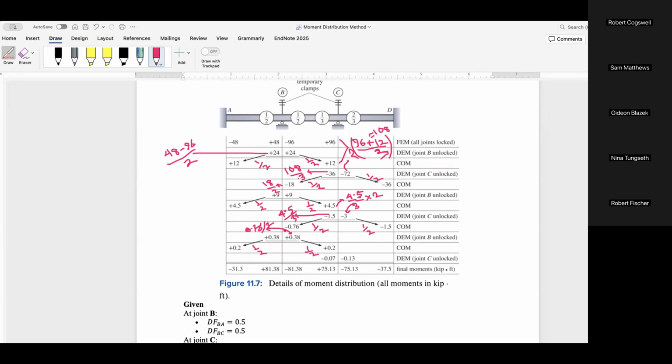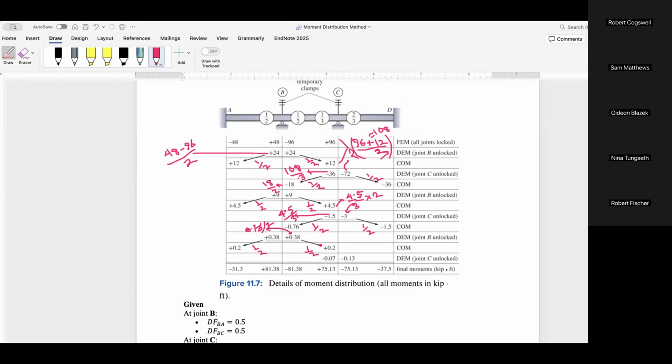So it's the same value for half of that distribution factor, multiply with distribution factor, you get 0.38, and then it carries over half moment at the end. You started from B, you have moment here, it will be carried over half to another support.